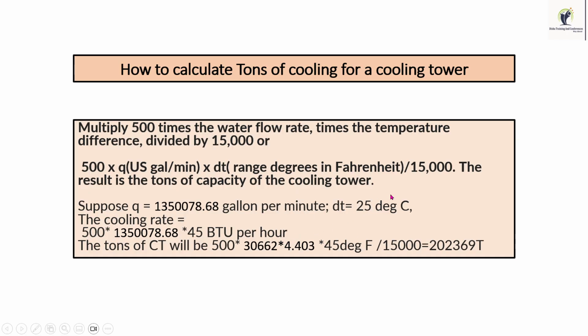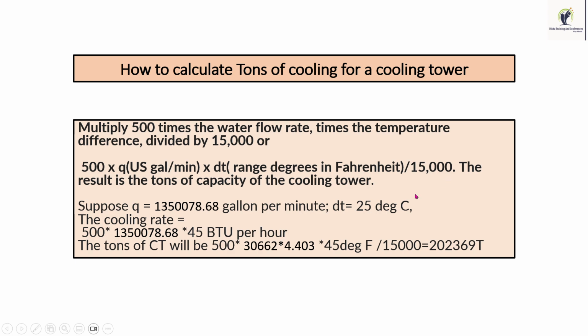Normally we refer to the cooling tower unit per metric ton, and that is calculated. The formula is 500 times water flow times temperature difference divided by 15000, or 500 into Q, where Q is in gallon per minute, then delta T, the temperature range difference in Fahrenheit, divided by 15000.